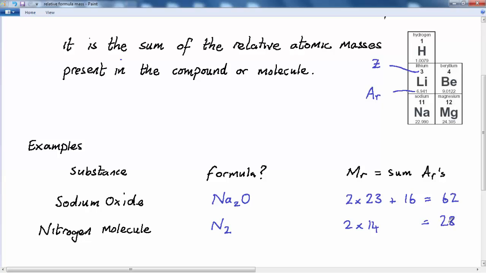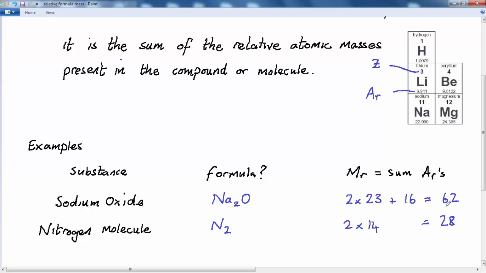Now, I would like you to pay attention to both of these numbers here. You'll notice that I haven't put a unit here. I haven't put the unit grams here, because although we're talking about the relative formula mass, this isn't strictly speaking a mass, it's just a relative number. Now, when we talk about the mole later on, you will see how we use these numbers to physically calculate the masses of substances in grams.